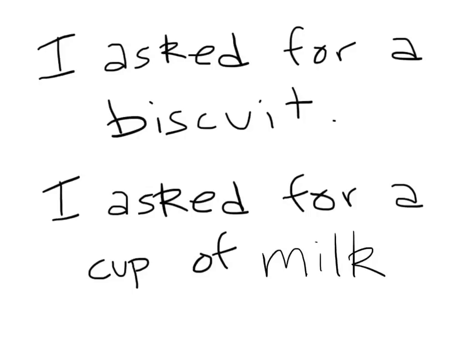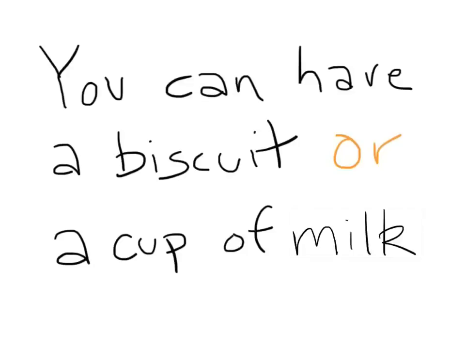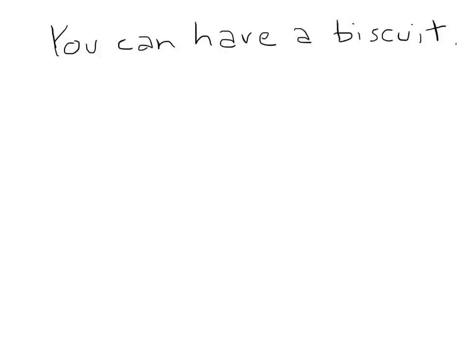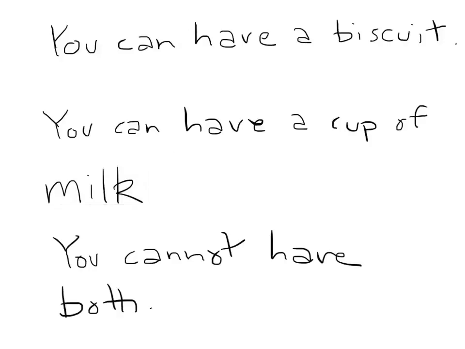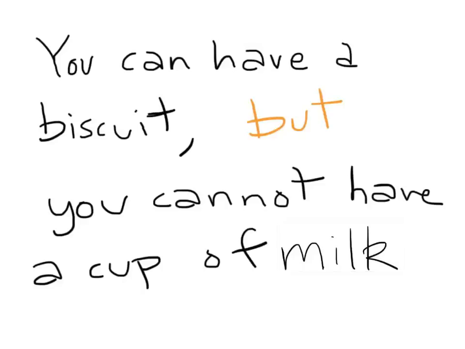Similarly, with or, we join two choices. Here, only one is available. And but joins contrasting ideas, where one is opposed to the other.